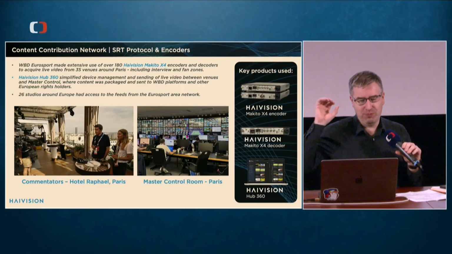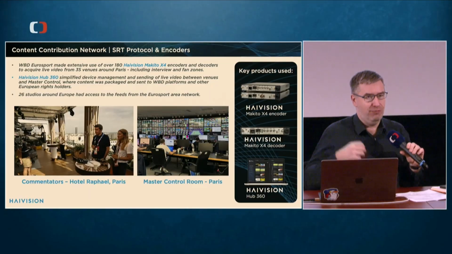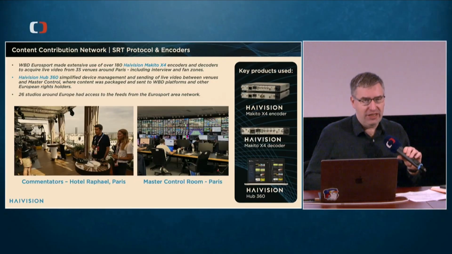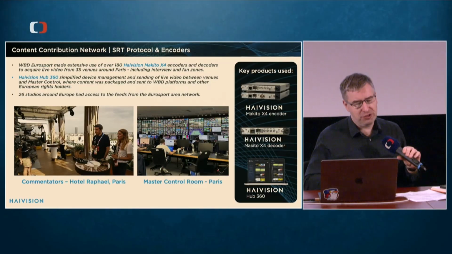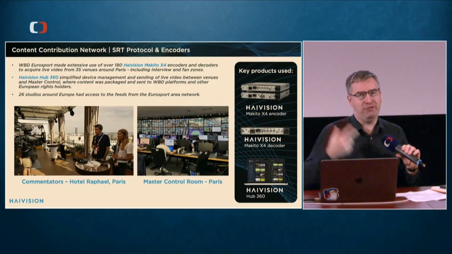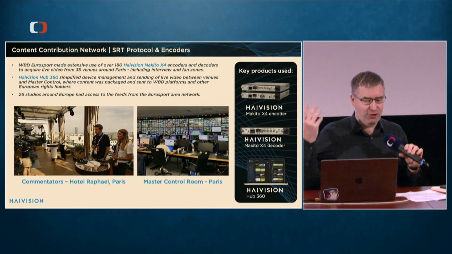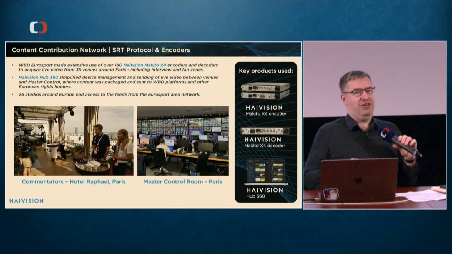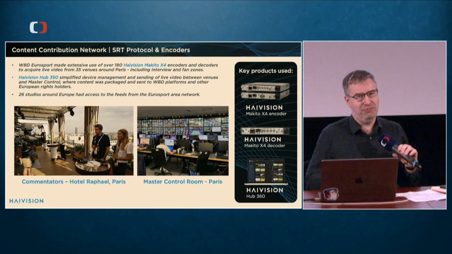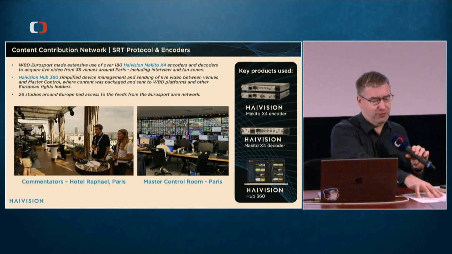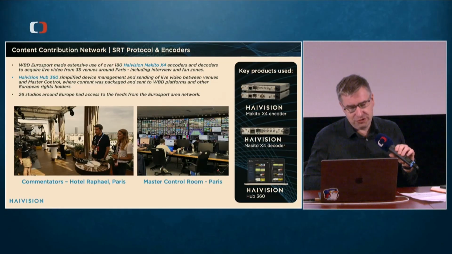So the problem that Warner Brothers had is that they went to OBS saying, okay, we need to have 35 stand-up positions. What's the price of the SDI circuit, or the fiber circuit? And of course, OBS came back with a totally crazy price tag, tens of thousands of euros per position. And then Warner said, okay, let's look for another type of solution that we can use.